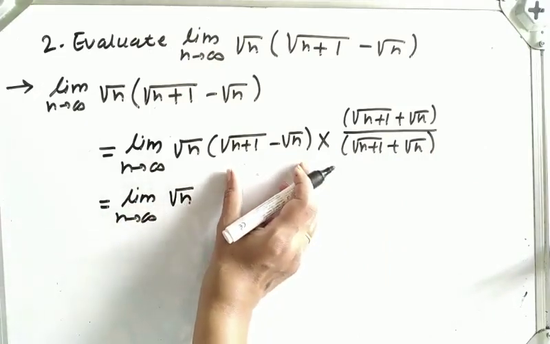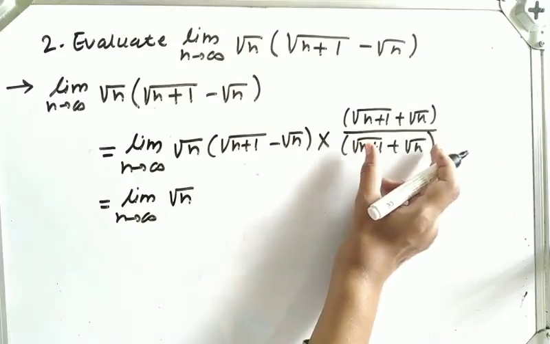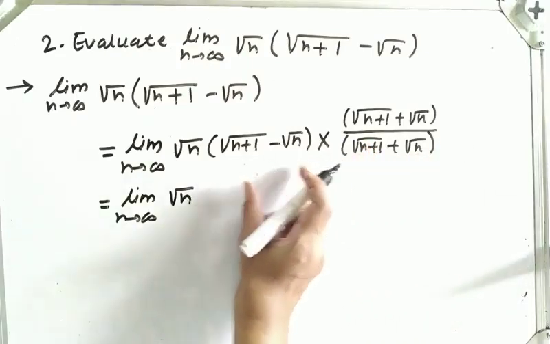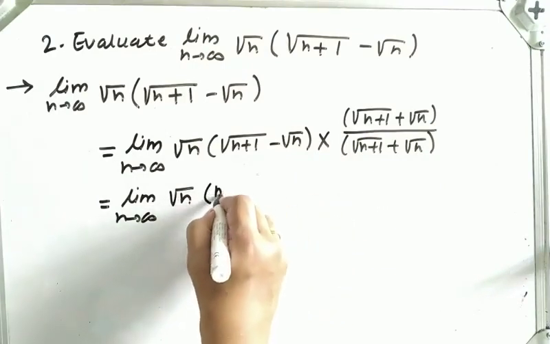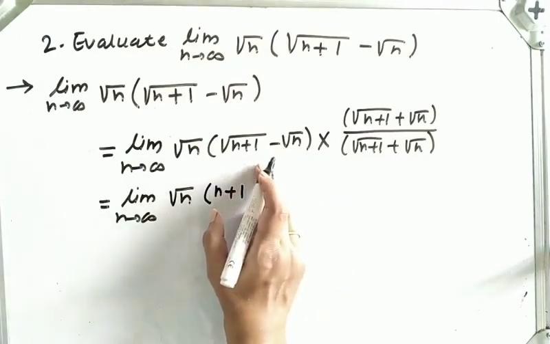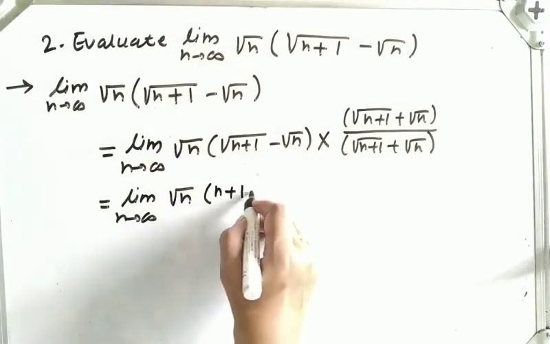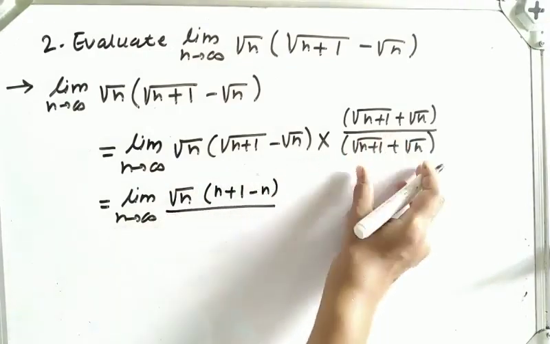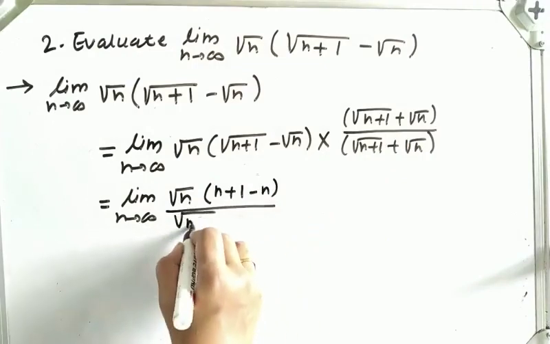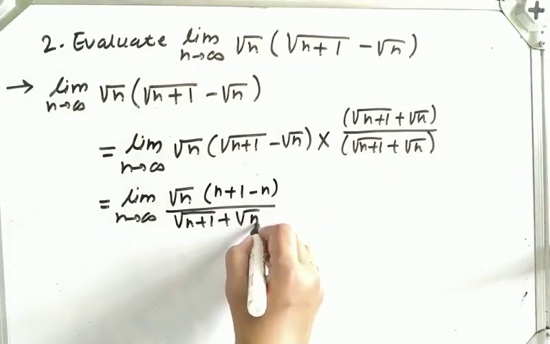Now we know that (a minus b) into (a plus b) is a square minus b square. So it will be square root of n plus 1 square, that is n plus 1, minus root n square, that will be n. Upon the denominator, square root of n plus 1 plus root n as it is.